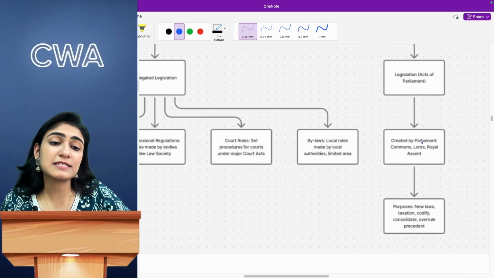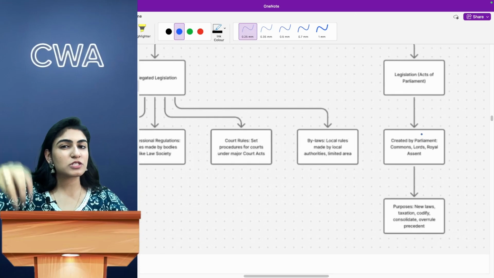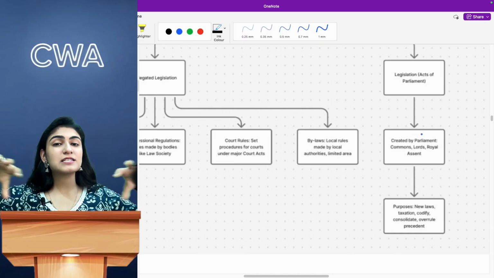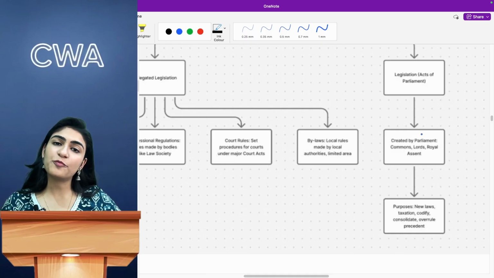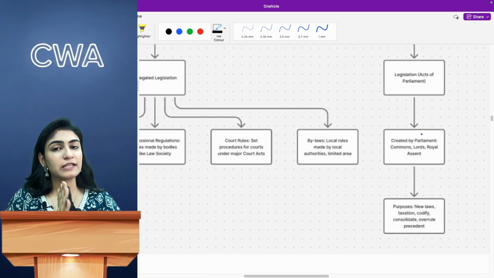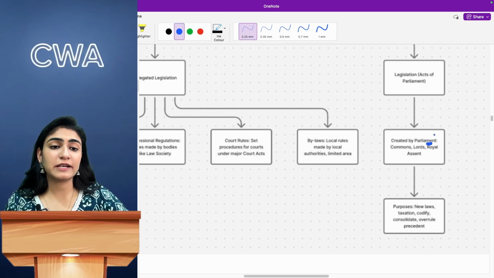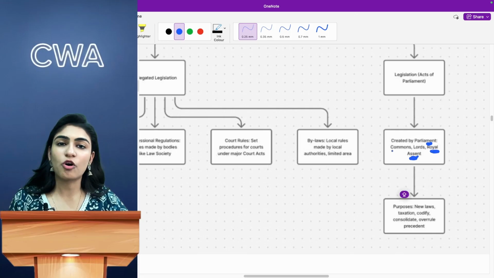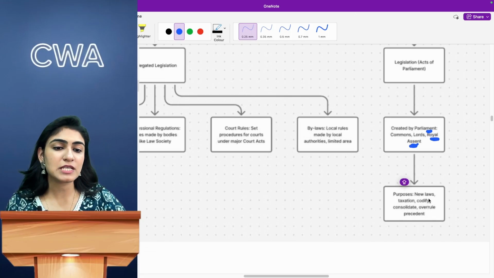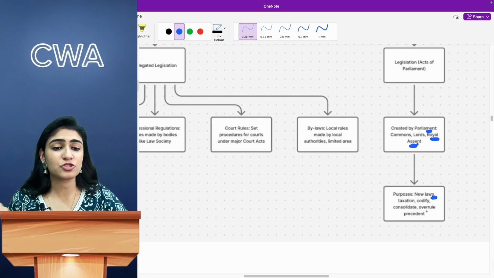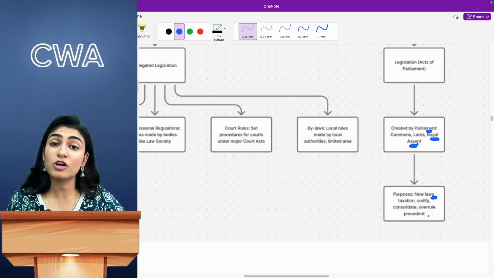In these branches there is a set of people who sit together and make law. This first branch is created by parliament, including royal assent, lords, commons, etc. And the purpose is to create new laws, taxation, to codify and consolidate laws, and to overrule any precedent.